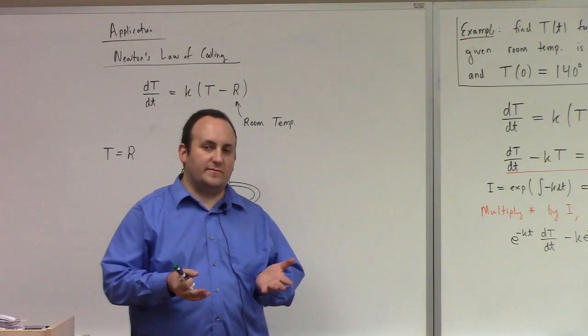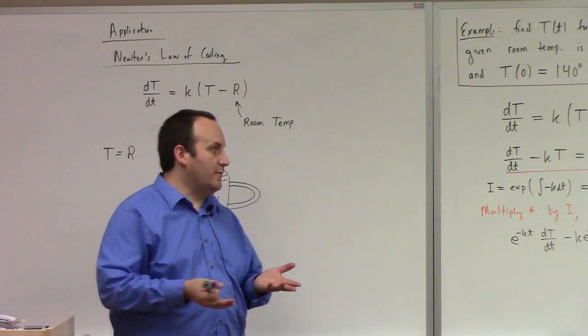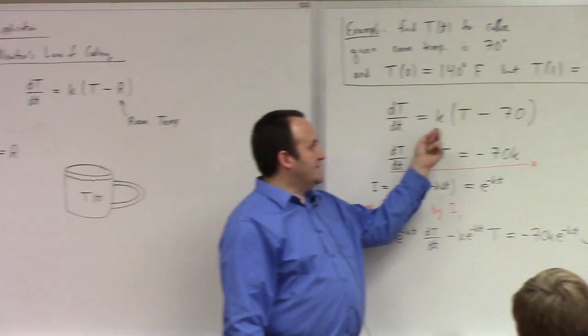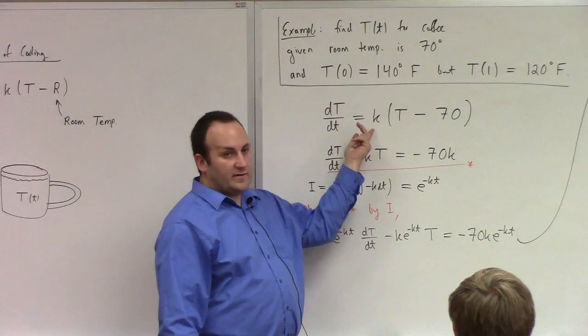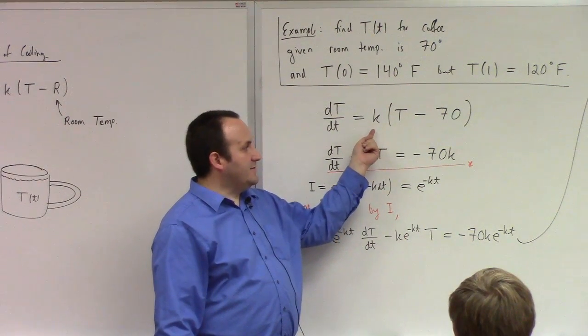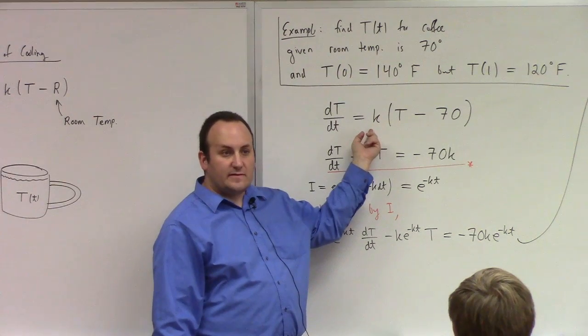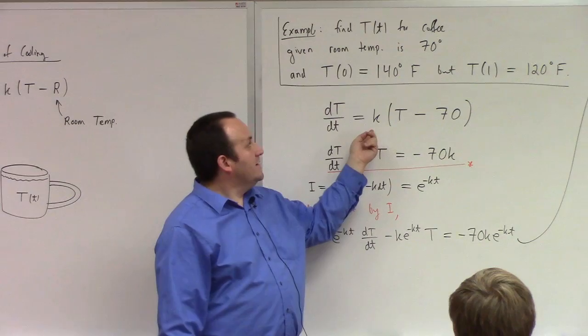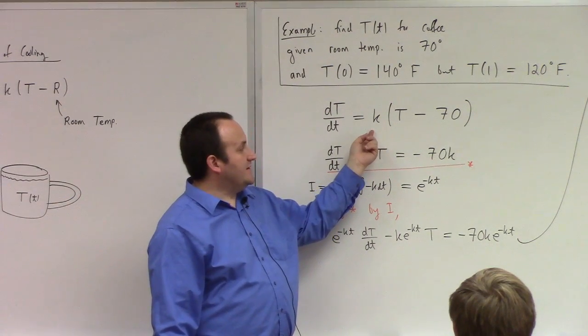Mathematically it's kind of interesting if you think about what we did, because when we solved this, this k is a parameter. And so we've actually solved not just one differential equation, but a whole family of them all at once. That's kind of neat, right? And that's why we need more than one piece of data here.